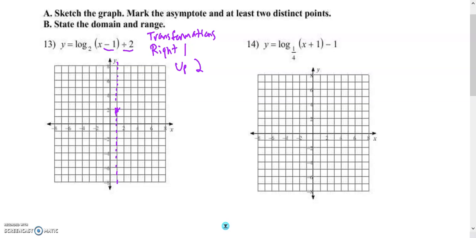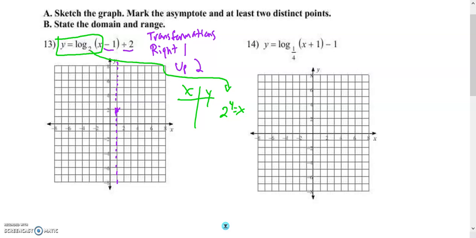Okay, so the next thing you need to do is sketch your graph. So we need to make our x and y table. Alright, and we're going to use log base 2 of x. Alright, so over here, I'll go ahead and say that we have 2 to the y equals x. Alright, so that means we need to pick some points for y.